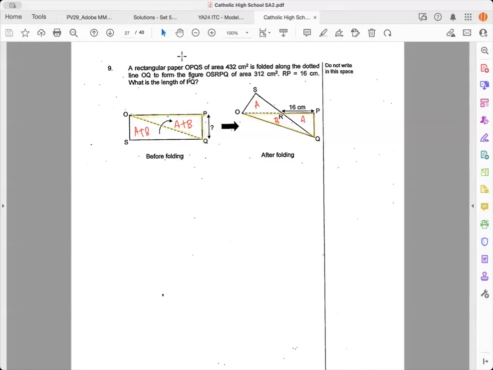Now let's look at the value here. A rectangular paper OPQS area is 432 square centimeter. Meaning, we are talking about this rectangle, meaning 2A and 2B is equal to 432.